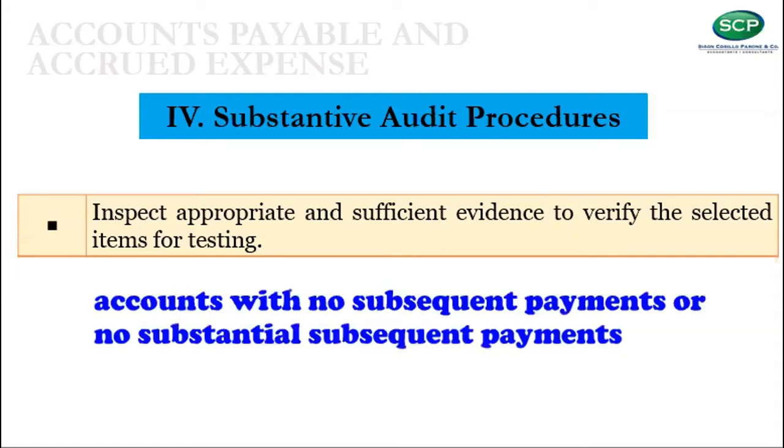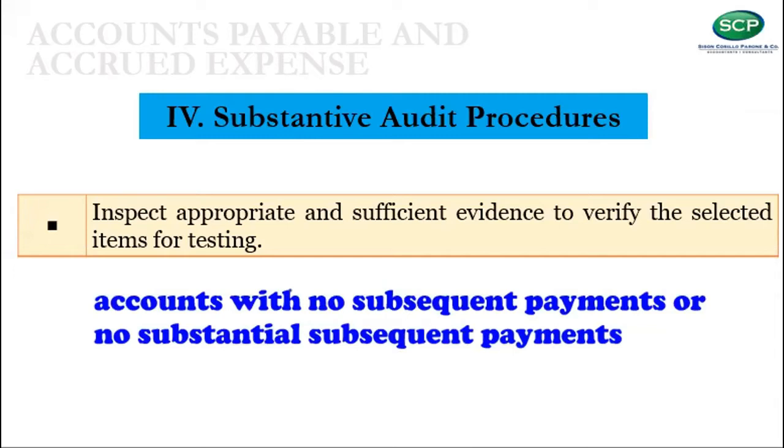For accounts payable with no subsequent payments made at all, we need to examine the supporting source documents such as unpaid suppliers' invoices and billing statements. Remember, our first priority is checking for the subsequent payment.